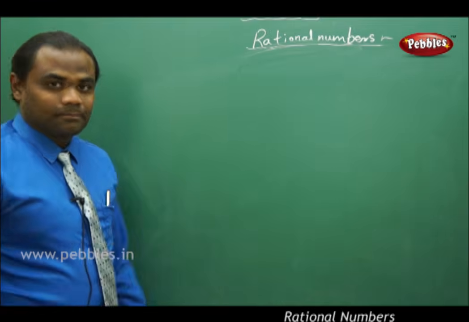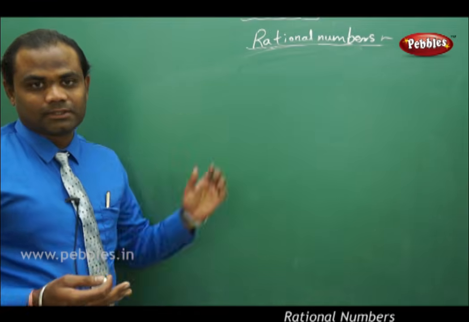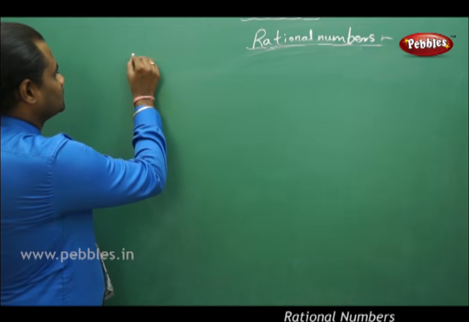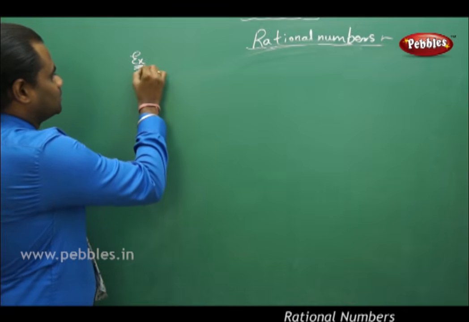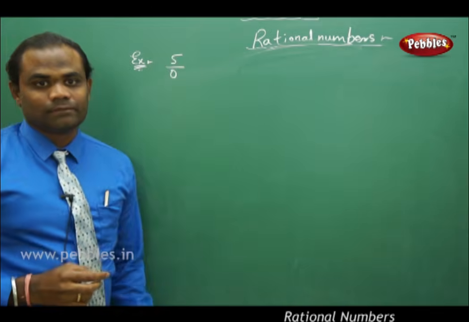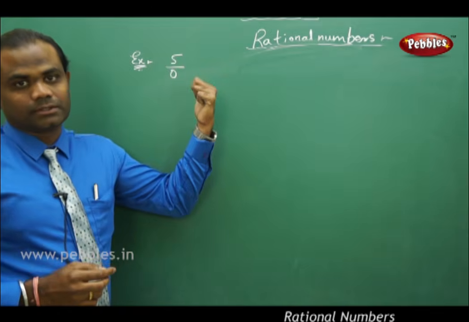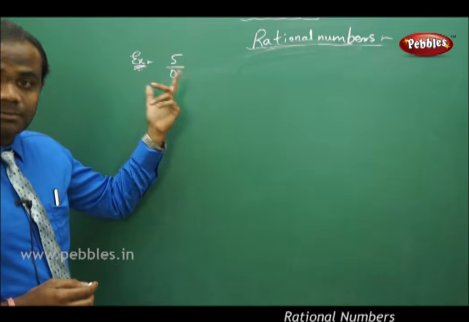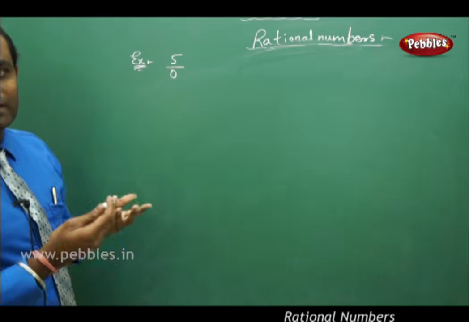Yes, so we have been seeing different examples of rational numbers. So coming to the continued example, is pi by 0 a rational number? This is very important in understanding rational numbers. So I've taken this as a special example to understand what exactly is q.